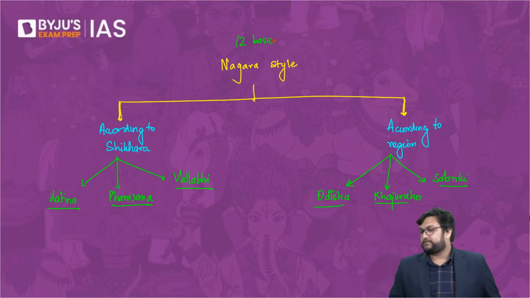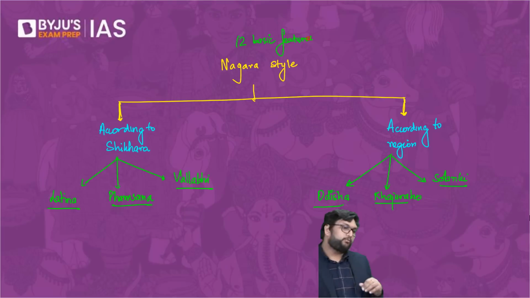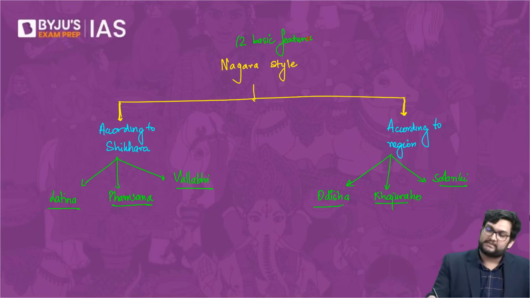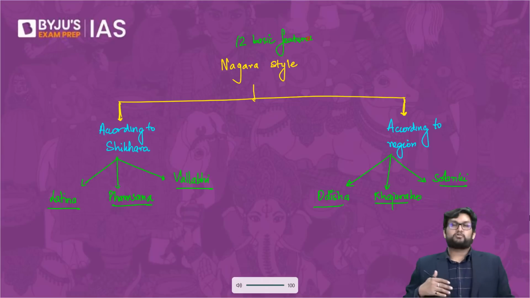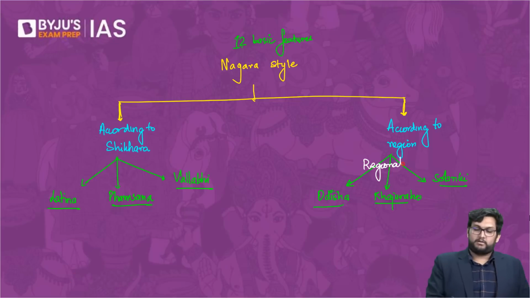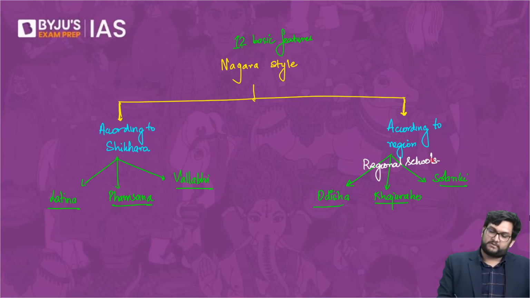Now we need to understand, over and above them, how do you perceive and how do you understand the different features. Why are they called schools? So these are called regional schools, and these are called Shikhar types.